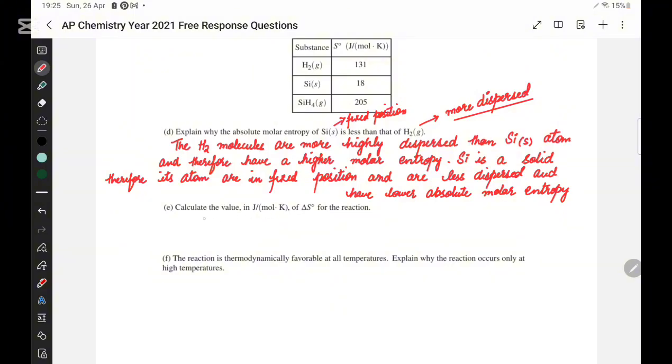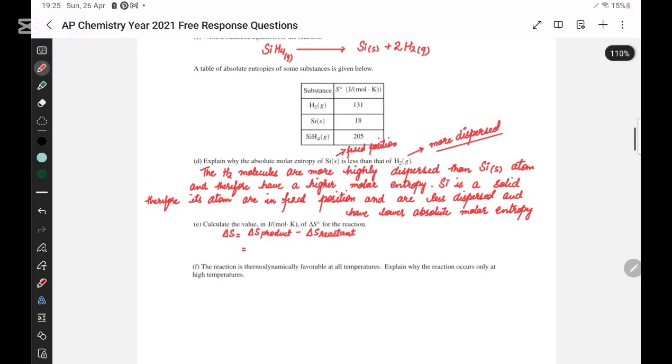In the next question, they are saying calculate the value in joules per mole Kelvin of delta entropy. Delta entropy is equal to entropy of products minus entropy of reactants. For products, we have silicon, which has an entropy of 18, plus hydrogen, but we have two hydrogen on the product side, so it is 2 times 131, minus the entropy of reactant, which is 205.